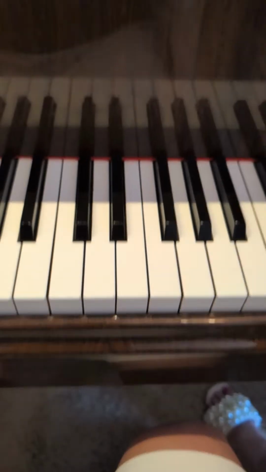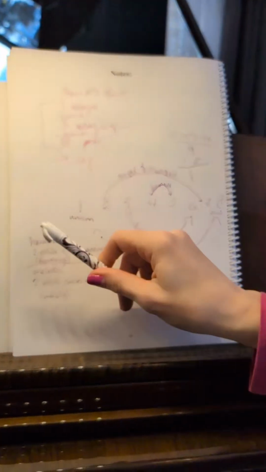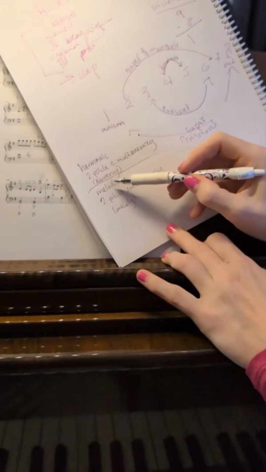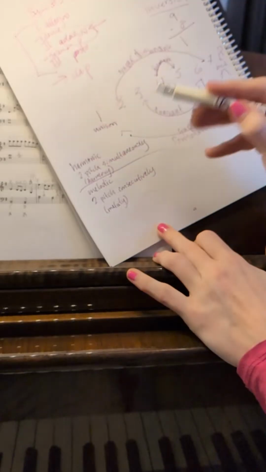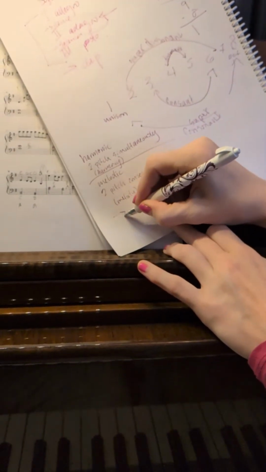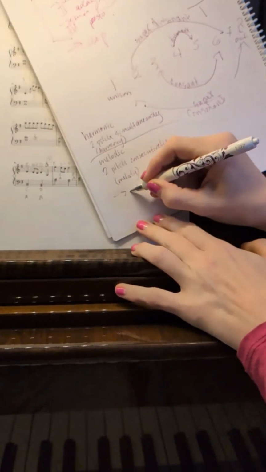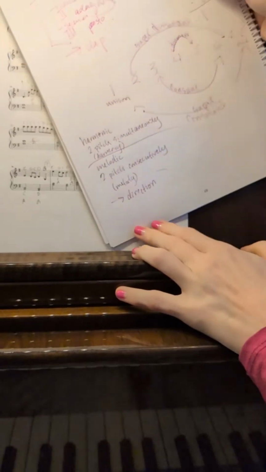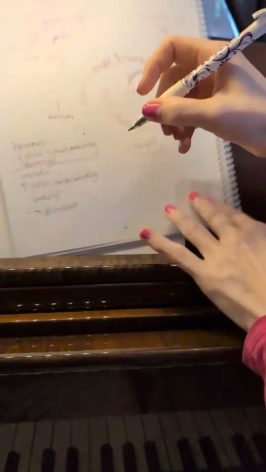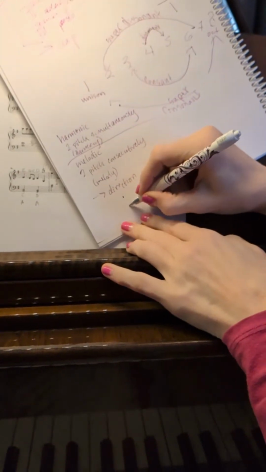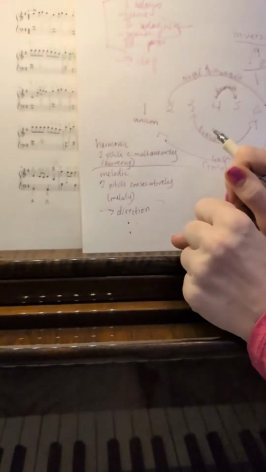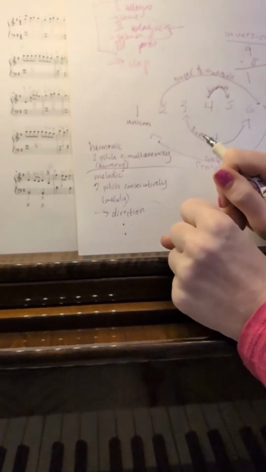So you can play any of these numbers as either a harmonic interval or a melodic interval. If you have melodic intervals, in addition to saying it's melodic and which number it is, you also have to add one more descriptor, which is direction, because melodic intervals must always move. Music can only move in three directions: up, down, or repeat.